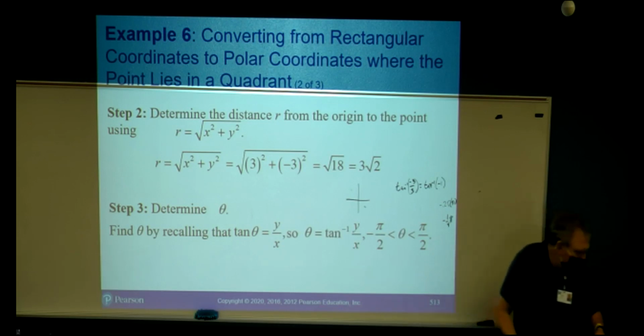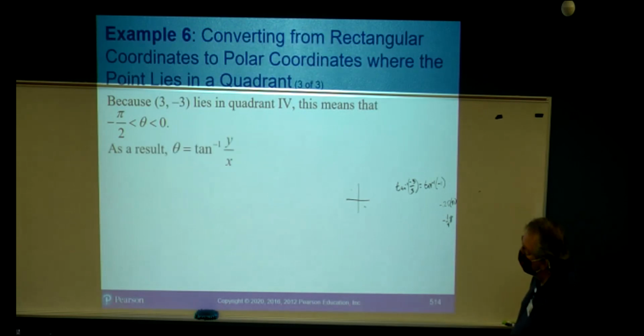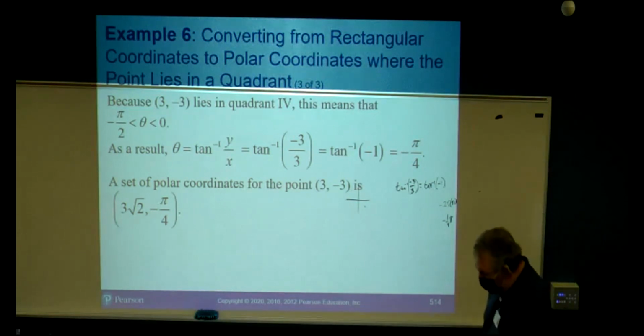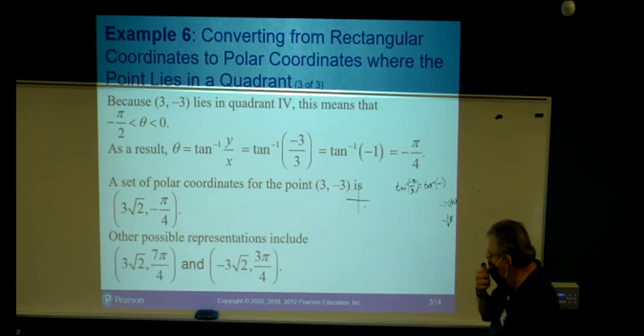And that's basically what they did here. Okay. So they get -π/4. And so a set of polar coordinates for the point 3, -3 is 3 square roots of 2, -π/4. And then they give you other possible representations.